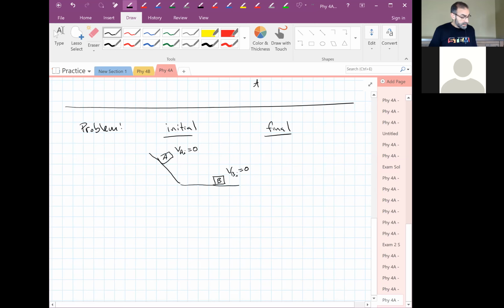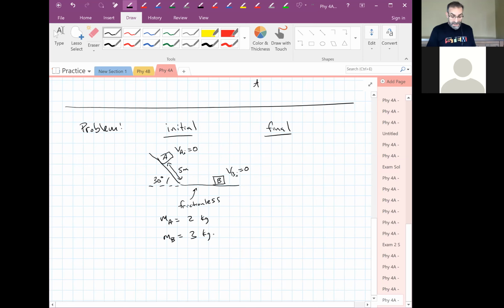Okay, we've got two blocks at rest. Have this be 5 meters, 30 degrees. Let's make this frictionless. Two kilograms and 3 kilograms. How's that?